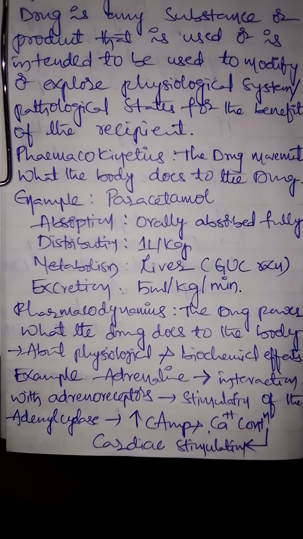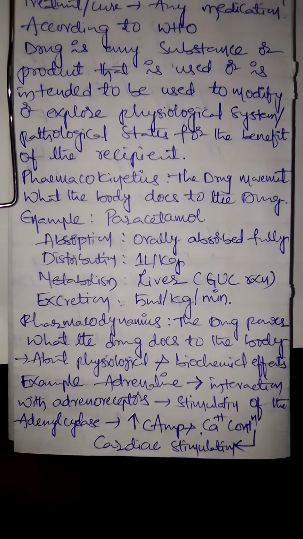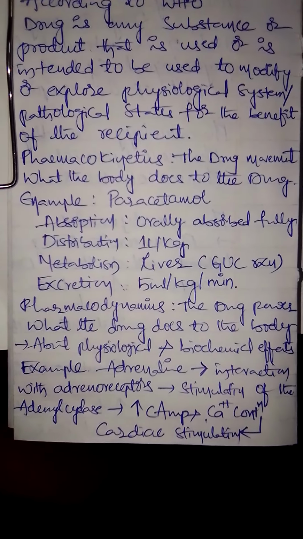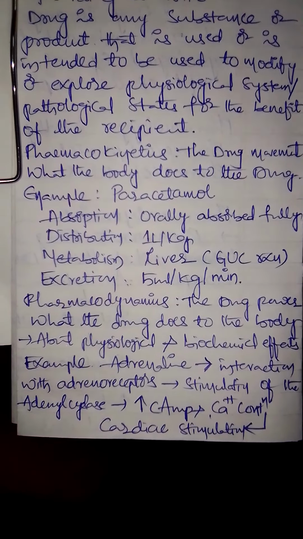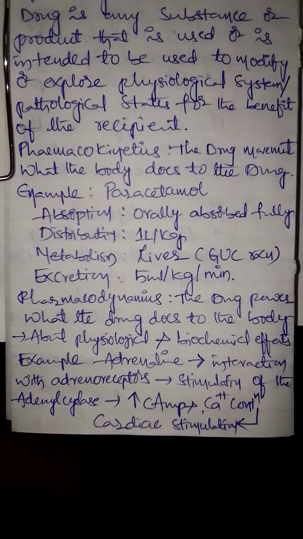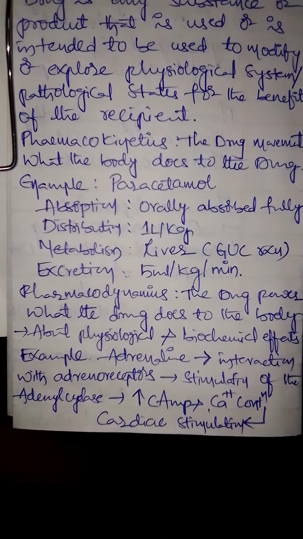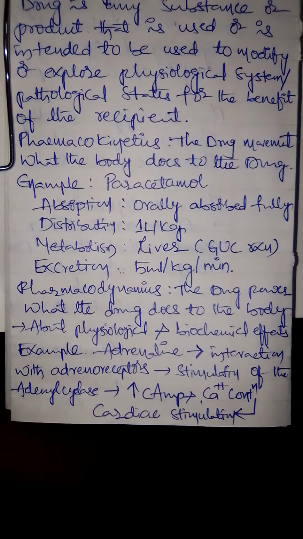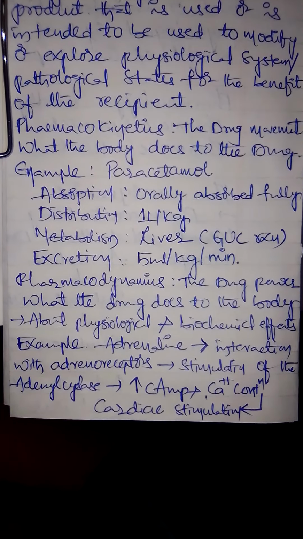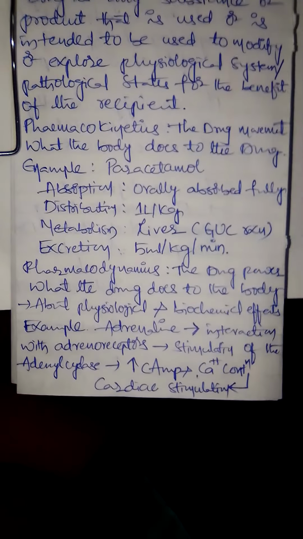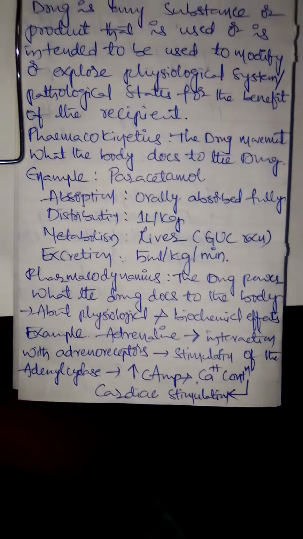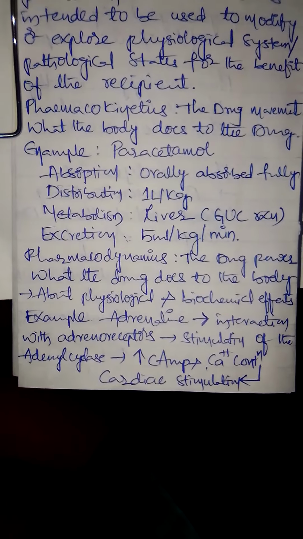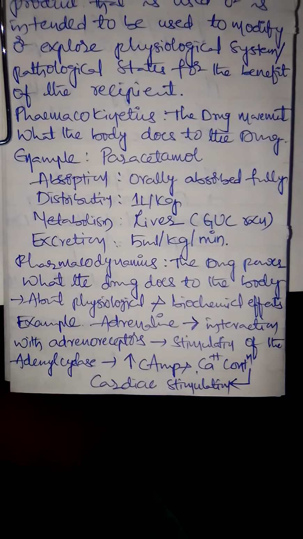Take paracetamol as an example. In pharmacokinetics we have four segments: absorption, distribution, metabolism and excretion. Paracetamol is orally absorbed fully, distribution is 1 liter per kg, it is metabolized in the liver by glucuronide conjugation, and excreted through urine at 5 ml per kg per minute.